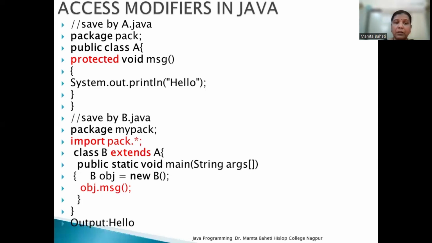In another package, mypack, if I import it, only when class B extends class A can I access the method through that object. If I don't use the extends keyword and directly try to access this method through the object, I'll get a compile time error.